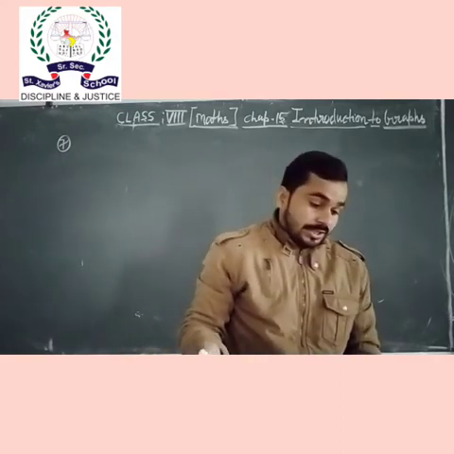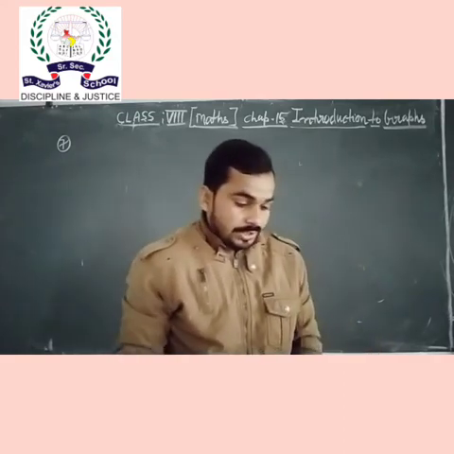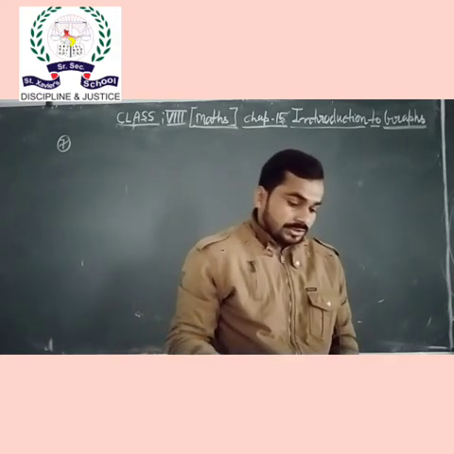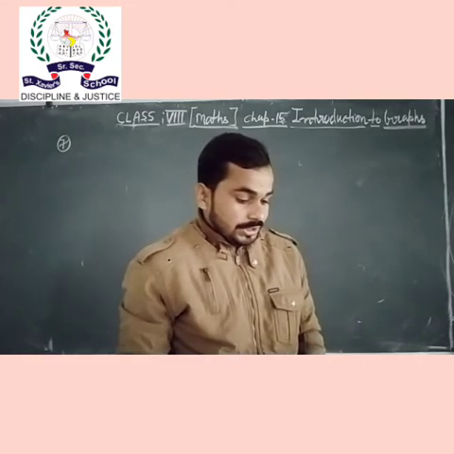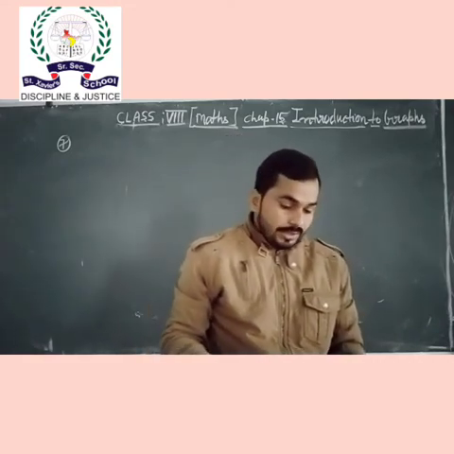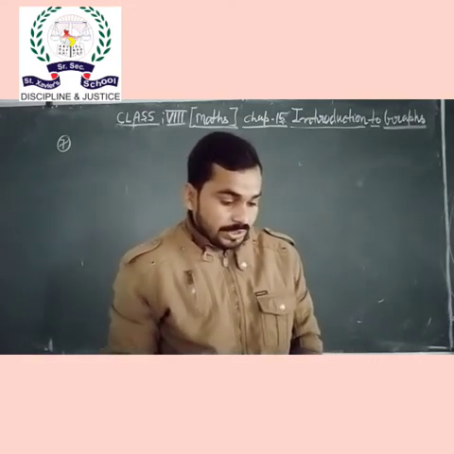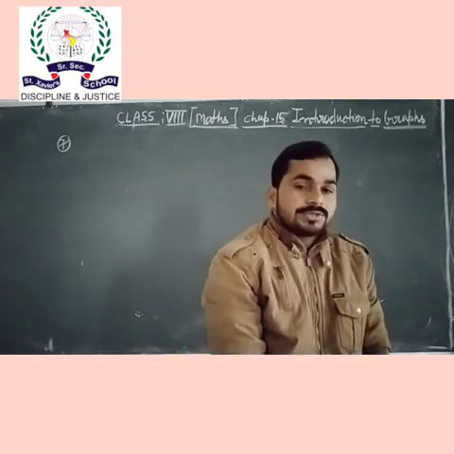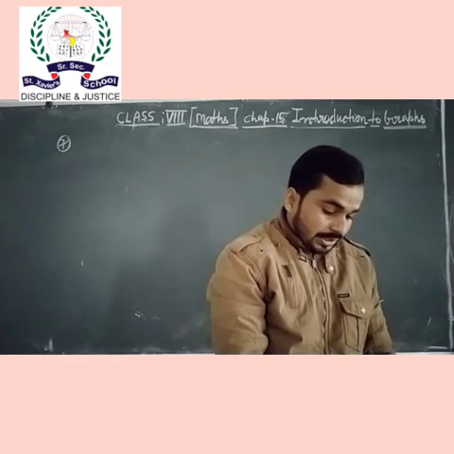Class 8 section A has 36 boys, 8 girls. Section B, 24 boys, 20 girls. In C section, 30 boys, 15 girls. In D section, 18 boys, 28 girls. In E section, 10 boys and 35 girls. You have to draw the graph of boys and girls.